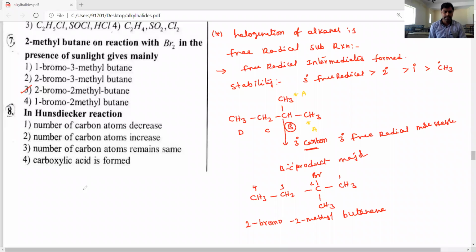Okay. Next, the Hunsdiecker reaction. Already we discussed the eighth one, Hunsdiecker reaction. So once you observe the Hunsdiecker reaction, what is the difference between product and reactant?